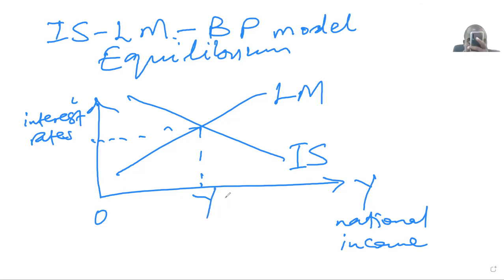The equilibrium level of national income occurs at Y0, and the interest rate will be R0. And the equilibrium point will be E0 at that point, where the two curves intersect each other.